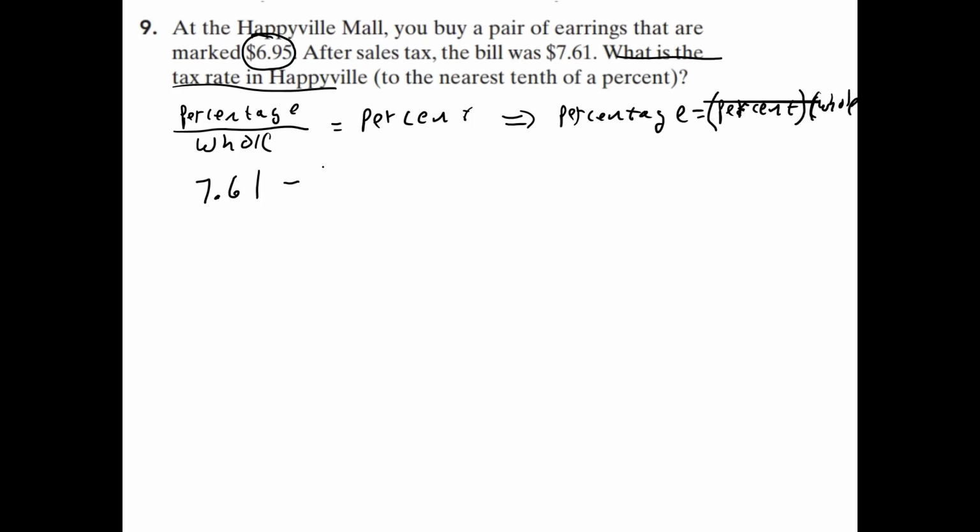If we subtract the $6.95, which is what the ticket price was, we get 66 cents is what we paid in taxes. So we paid 66 cents in taxes. I'm sorry, forgot the decimal point, $0.66. So this is the percentage.